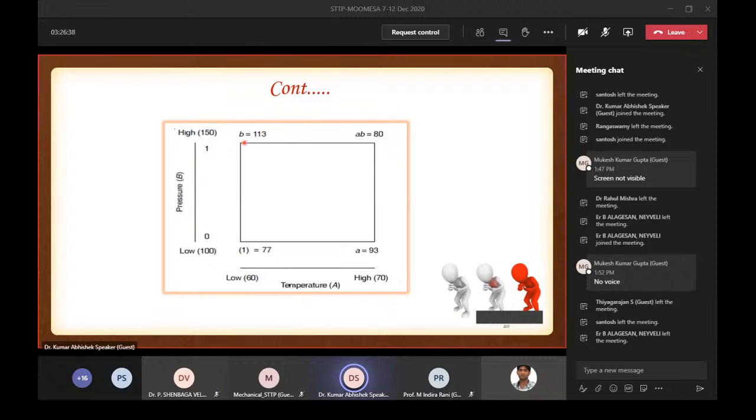If I focus here on B, then it means that temperature is at the low level and the pressure is at the high level. So these are the different ways that the levels or the effects can be represented in the pictorial representation.